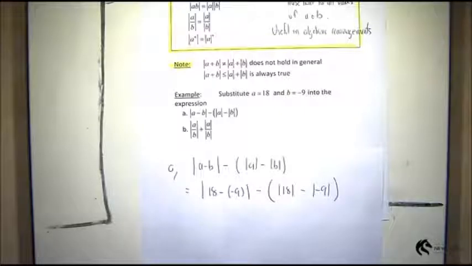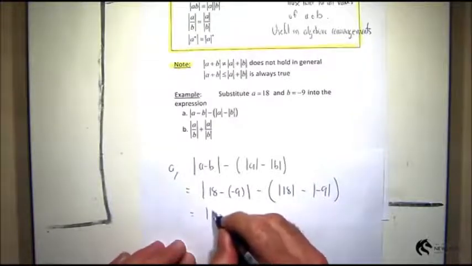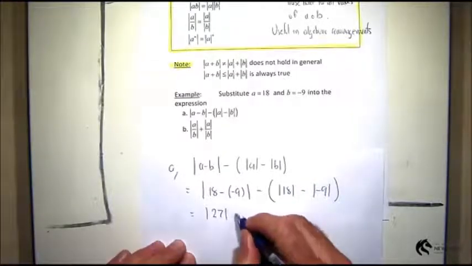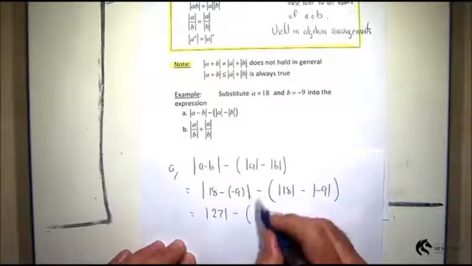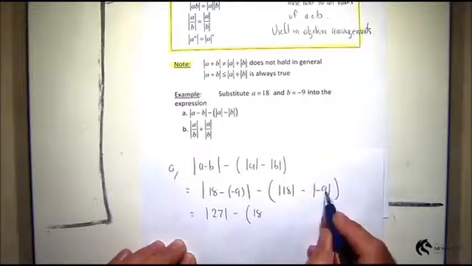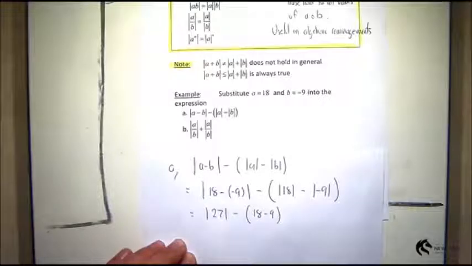Let's do the arithmetic now. 18 minus minus 9 is 18 plus 9, that's 27. So that's the absolute value of 27, minus, now the absolute value of 18 is 18, and the absolute value of minus 9 is plus 9.